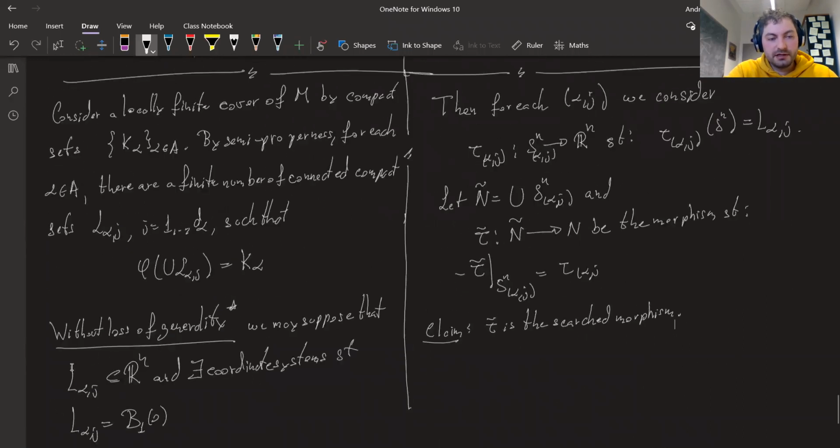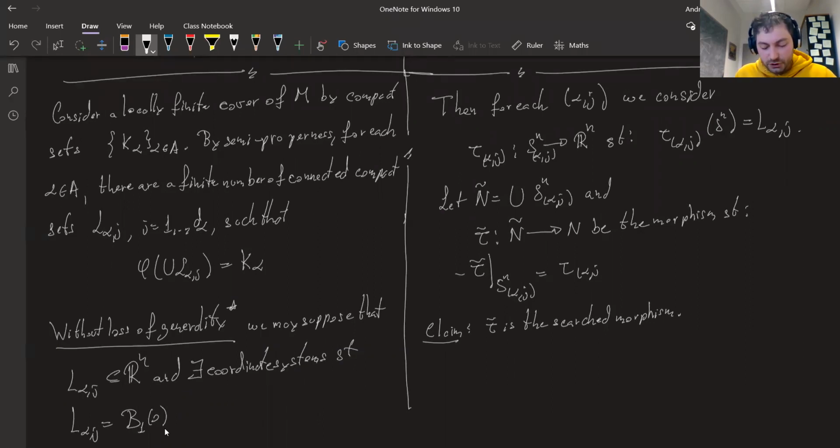Now, the comment that I made is that without loss of generality, we may suppose that it is equal to B1 at 0. Of course, there is an argument to be made. In general, you can only cover it by balls of this form. So we may cover it by balls of these forms, but then we have to take care that when we project, once again by phi, we get something that is a locally finite cover by compact sets.